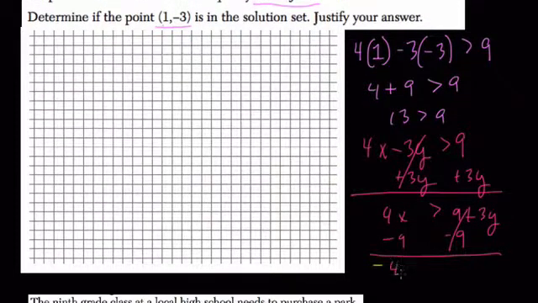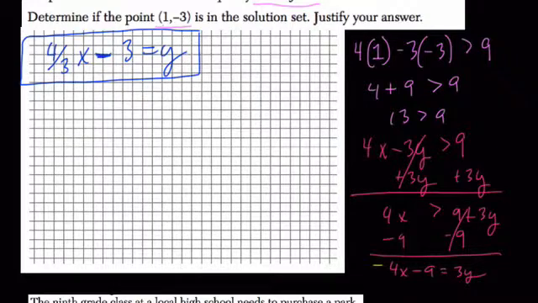These cancel out. 4x minus 9 equals 3y. But I don't want to deal with 3y. I want to know what y is. I divide everything by 3. And what that will do is it will set it up so it's 4 divided by 3 right over here. 4/3 x minus 3, because 9 divided by 3 is 3, equals y. And this is the equation for my line.